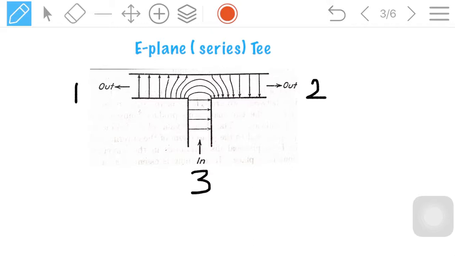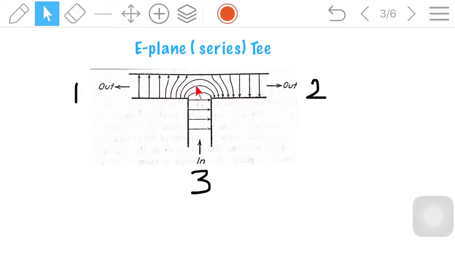As the electric field direction is like this here in the E-plane T, that is the branch T here, the wave progresses and reaches the junction, a T junction where a lot of discontinuities are present.